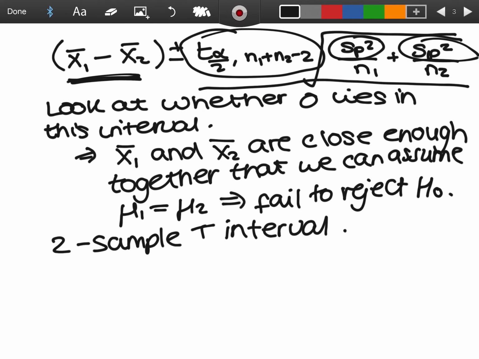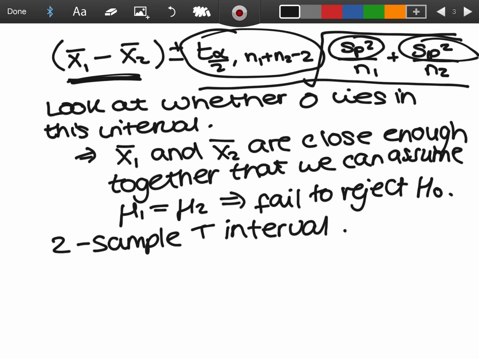Just as a heads up, when you do this, either you pool the variances or you don't, and that determines what your population standard deviations are going to be, and therefore what your population variances are going to be. If you do not pool them, you assume that they're different, and you're just assuming that one population standard deviation is equal to that sample standard deviation, and the other population standard deviation is going to equal the sample standard deviation for the other sample.